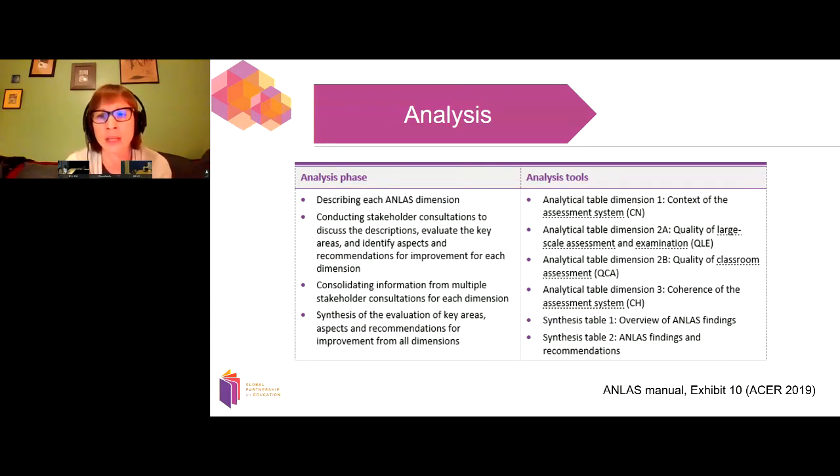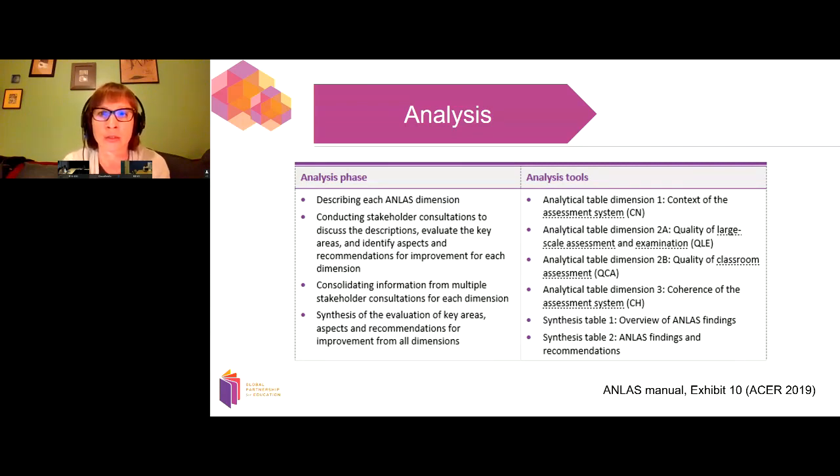These consultations can be conducted with one or multiple stakeholder groups, for example, or a mix of formats can also be used depending on the availabilities of the stakeholders and also the content of the ANLAS dimension that's under investigation.